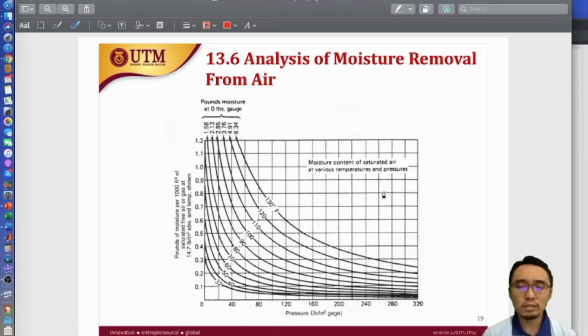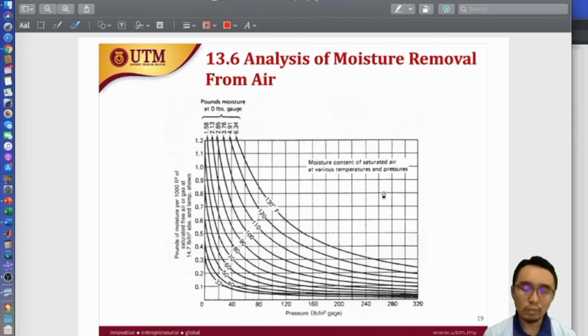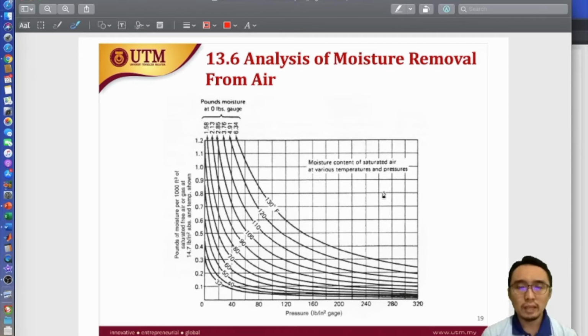But in a pneumatic system, we have air coming into our system from the atmosphere, and so we have to worry about the moisture content of the air because the moisture will condense in our system and it may cause corrosion and give us other problems.